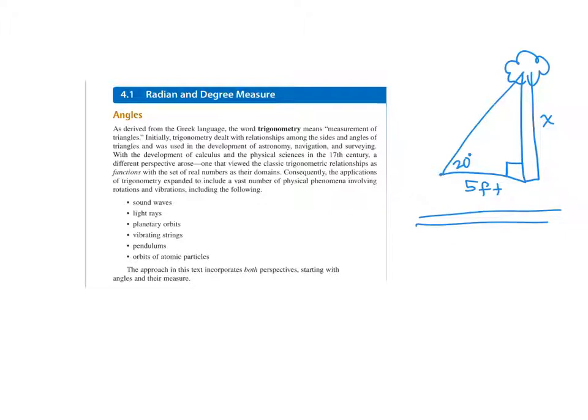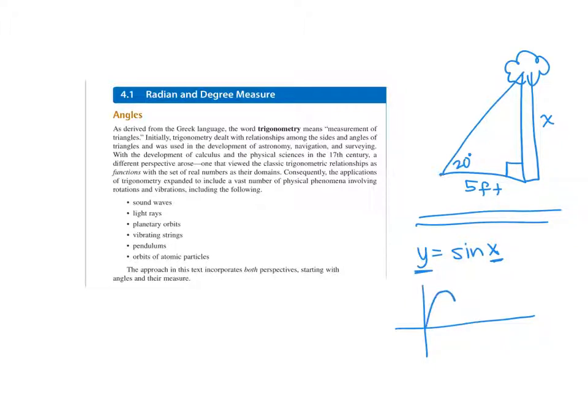The second type is in terms of functions. So something like with an input and an output, like y equals sine of x. So this is useful when we're describing things. For example, in the ocean, we have tides.